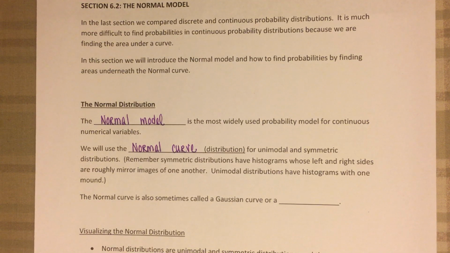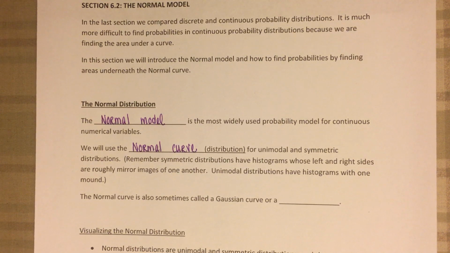Our normal curve is a nice unimodal symmetric distribution. So remember that symmetric distributions are histograms whose left and right sides are roughly mirror images, and unimodal means that it has exactly one mode. Right? There's only one mound in there. And we saw these and used these previously in chapter 3 to do some different types of things.